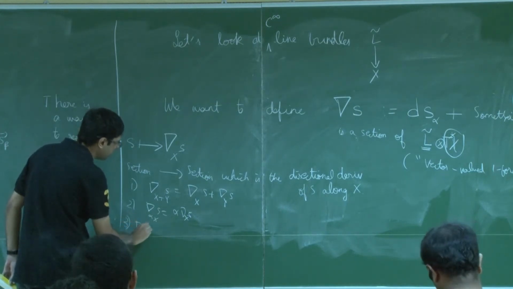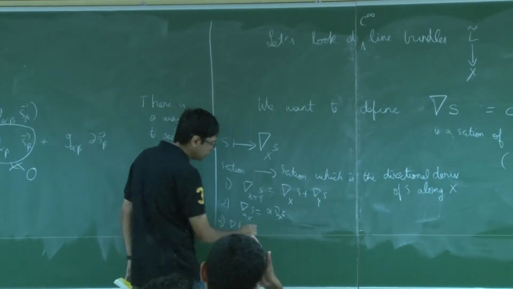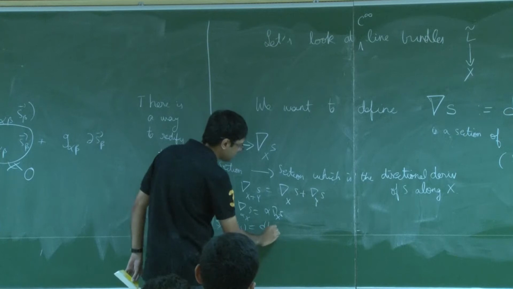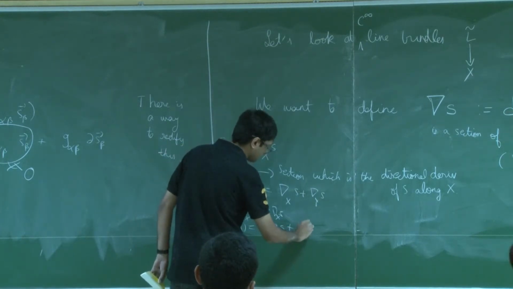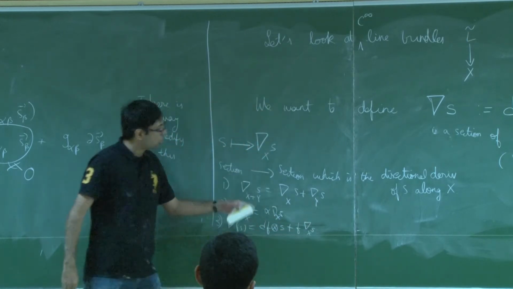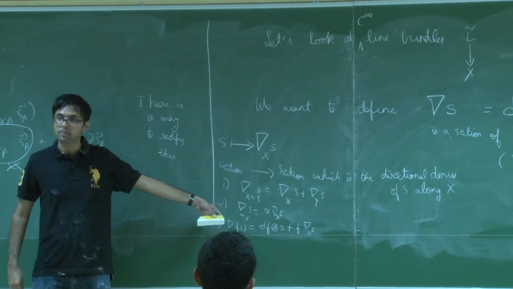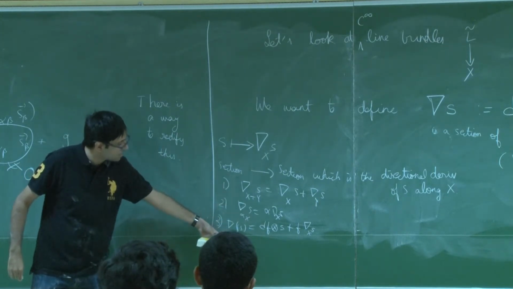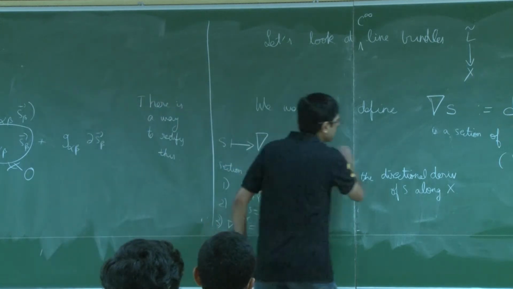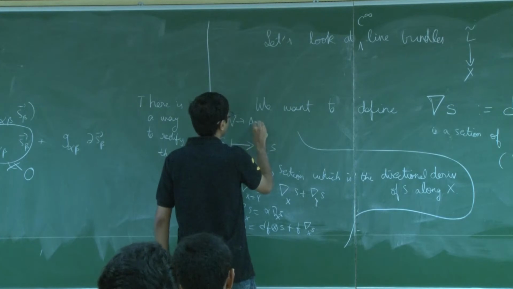If you multiply S with a function, you should be able to use the Leibniz rule. These are the most obvious properties you would demand of the directional derivative. So this is a differential operator that satisfies these properties. This nabla is called a connection.